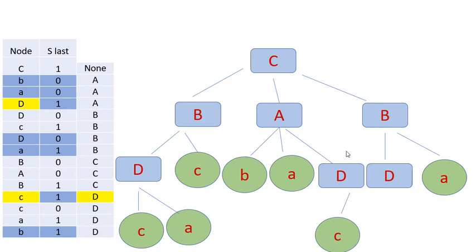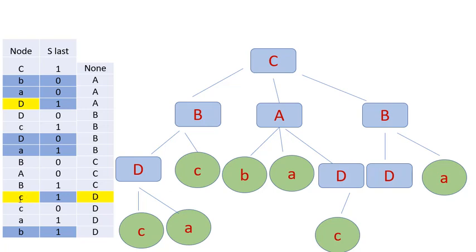The next thing we need to do is to find the parent node of this D, which should be A. Like I said, it should be this D. And then we go through this column and find out that this D should be the first D of this column. So I go here and I find the first block of D here. And then refer back to the leaf node.